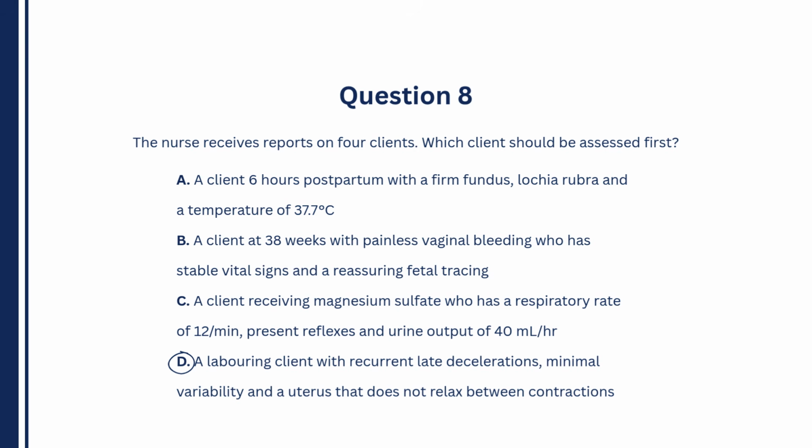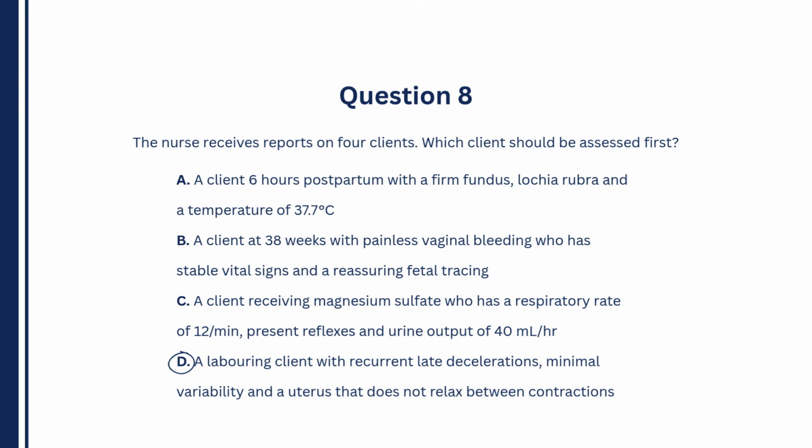Recurrent late decelerations, minimal variability, and a uterus that fails to relax suggest reduced uteroplacental perfusion and possible evolving fetal hypoxia. This client requires immediate intervention, including stopping oxytocin if it is infusing, repositioning, assessing maternal status, correcting reversible causes, and notifying the obstetric team.